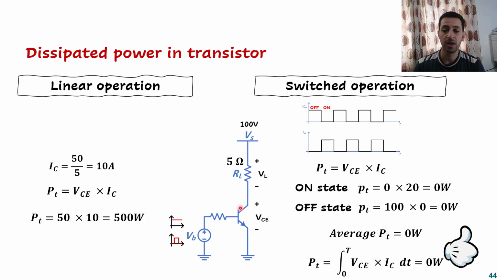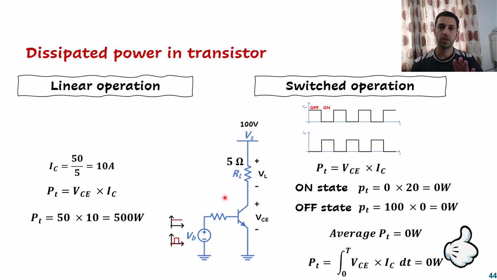There are two ways to achieve this objective. One is linear operation, supplying continuous current to the base and keeping the transistor in the linear mode. Or I can saturate it and cut it off, by applying a switching signal on the base, so that the average voltage across the load is also 50 volt.